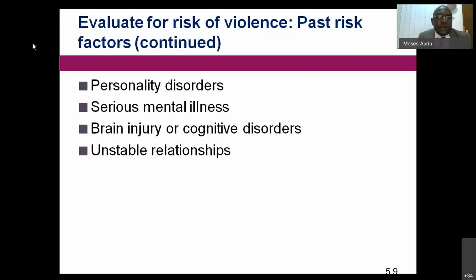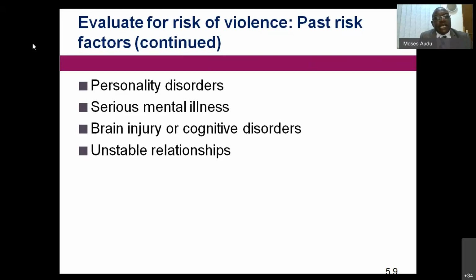Because of their violence or these risk factors, they may not have been able to sustain relationships. So they have always been unstable, and it might be because of failed relationships that they have also become violent, because they can't cope with the stress of a failing relationship. So you need to be able to get this.